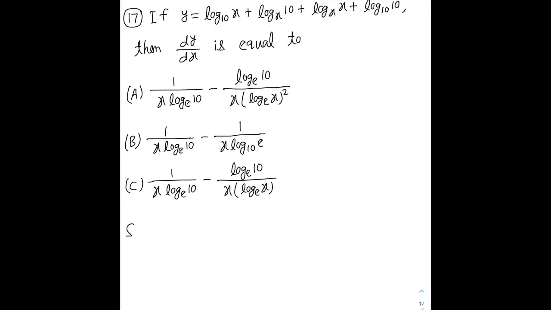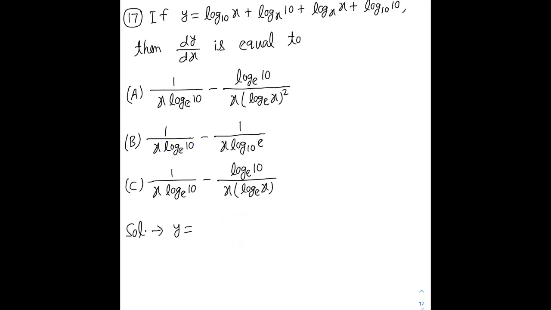So we need to take care of only these two terms, right? Now in calculus, the base is always e, so we need to change the base. So we can write log x base 10 as log e base 10 into log x base e. Or, because in all the options there is something in the denominator, we can take care of that.